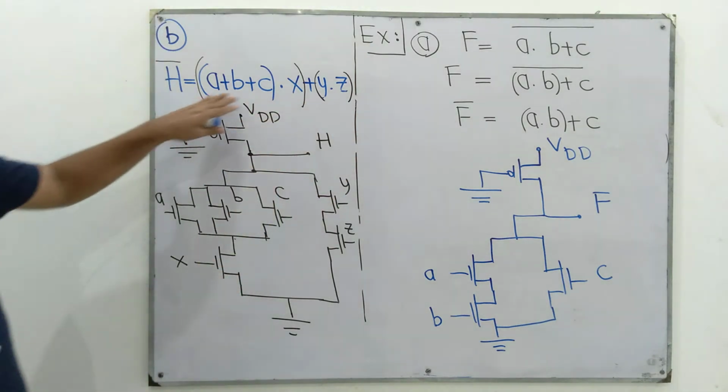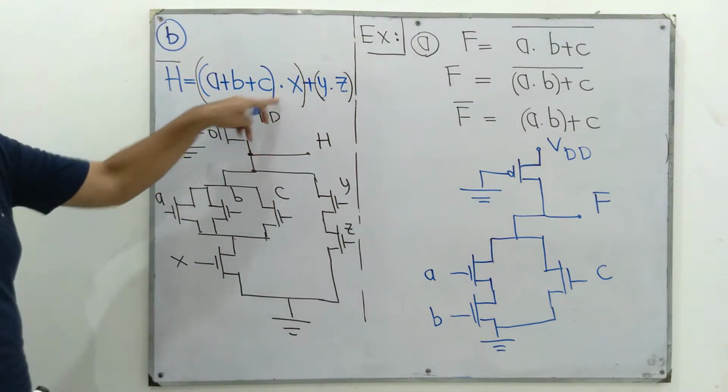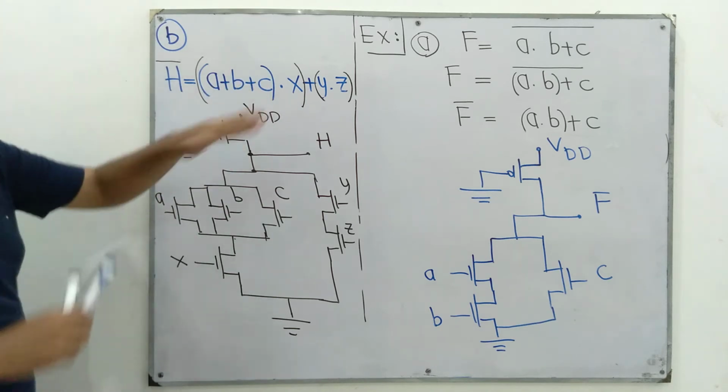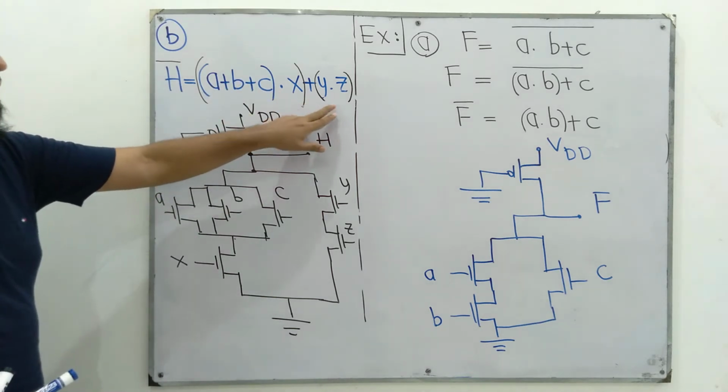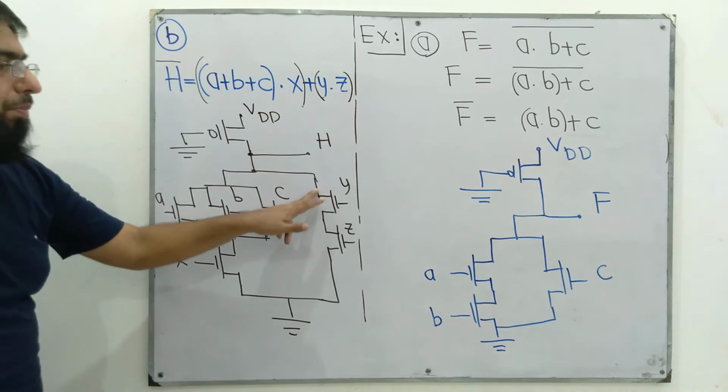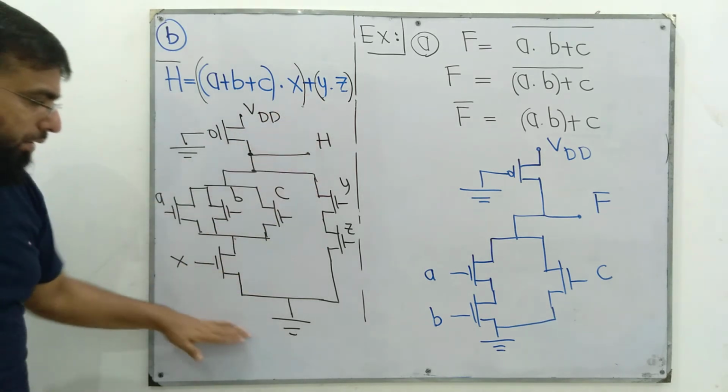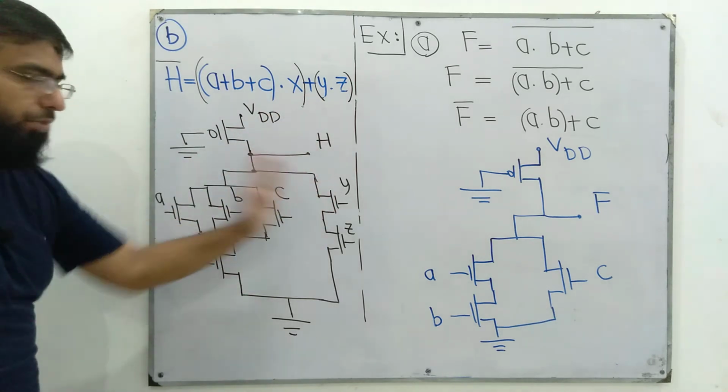So first these three in parallel, then this in series because it's an AND operation, and then this has a higher precedence, so I'll implement this first and then we'll add these two arrays.